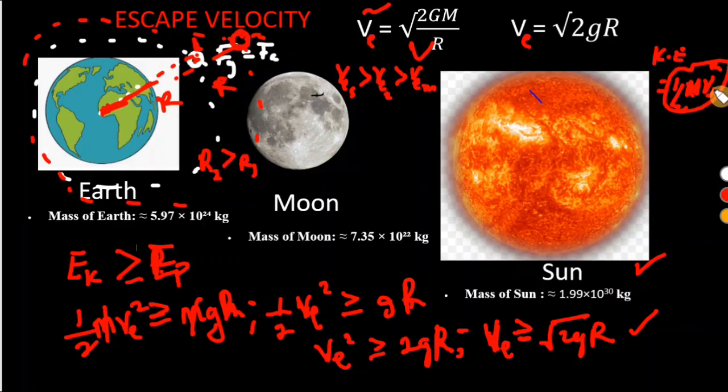If the escape velocity of the body, let's say body 1 in this case, is high, it requires a higher kinetic energy. So if a body is to escape the gravitational influence of the sun, it should have a greater kinetic energy.